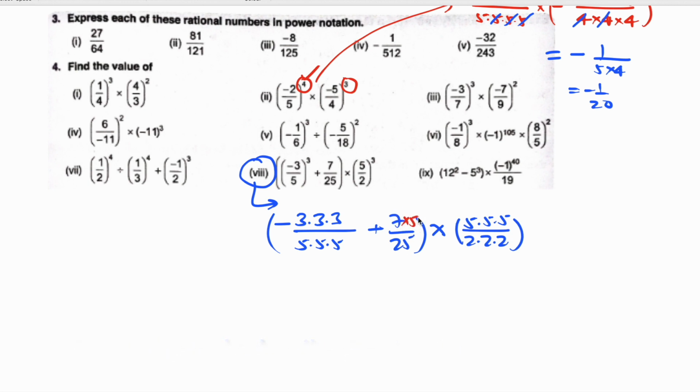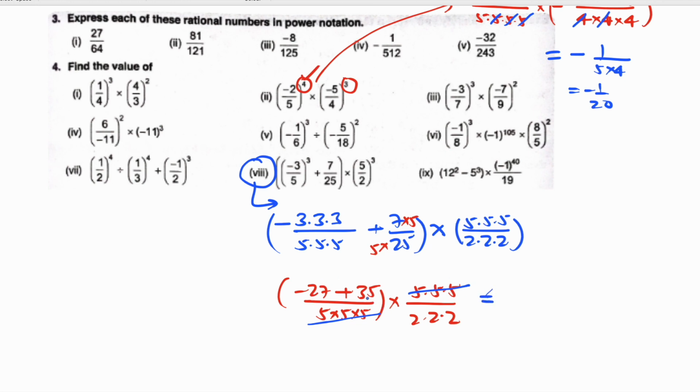So this is minus 27 plus 7 into 5 is 35, divided by 5 into 5 into 5. This is multiplied with 5 into 5 into 5 divided by 2 into 2 into 2. So these three 5s are cancelled. 35 minus 27 is what?